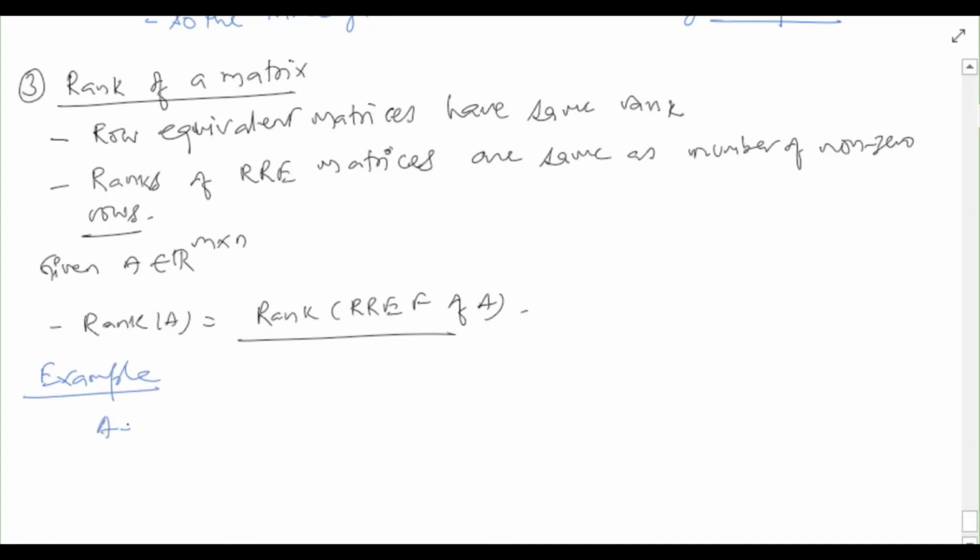Suppose A is a 4 by 5 matrix which is as follows: 1, 1, 1, 1, 1, 1, 2, 1, 3, 1, 0, 1, 0, 2, 0, 1, 0, 1, minus 1, 1.